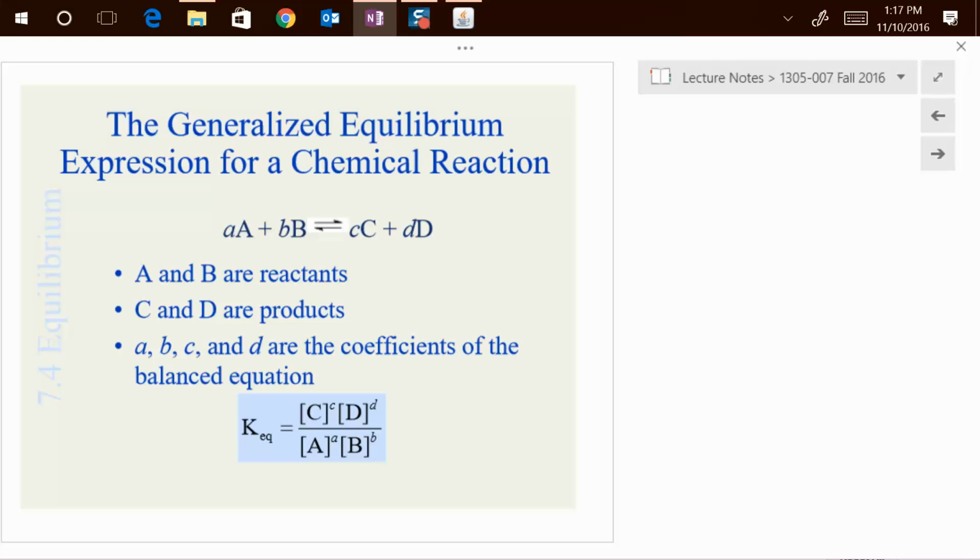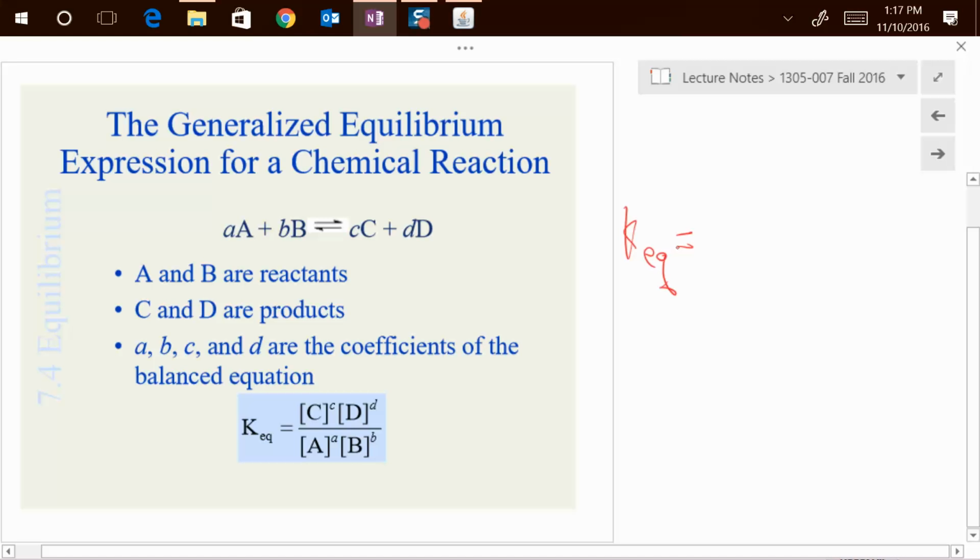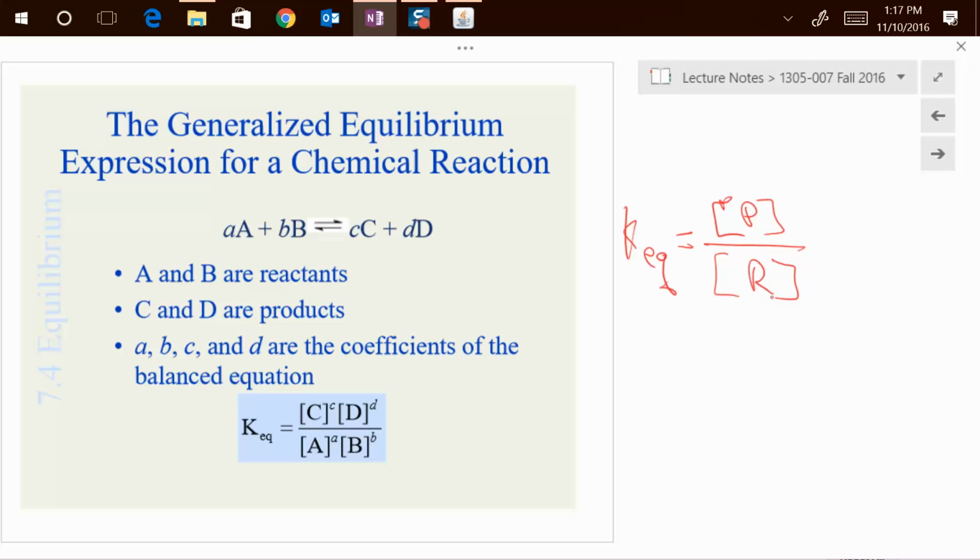Here's the reaction: A plus B forms C and D. So, let me rewrite this, Keq, the equilibrium constant, is determined by knowing the concentrations of the products and dividing them by the concentrations of the reactants. Products over reactants. That's how I always write an equilibrium expression. So C and D on top divided by A and B on the bottom. And look, do you see their coefficients here?